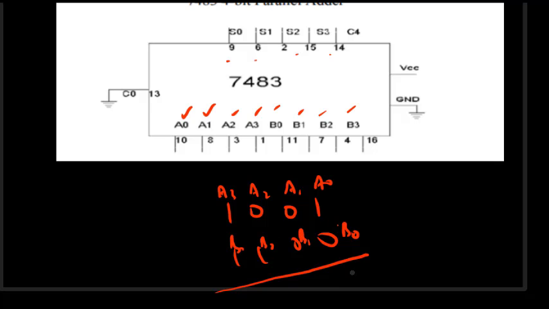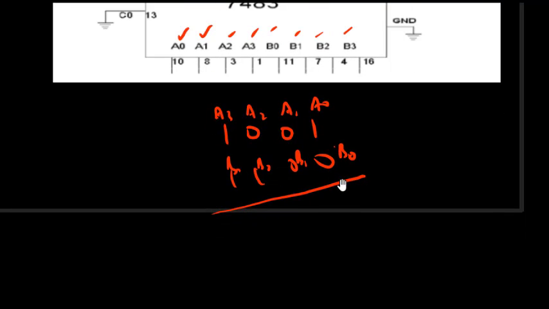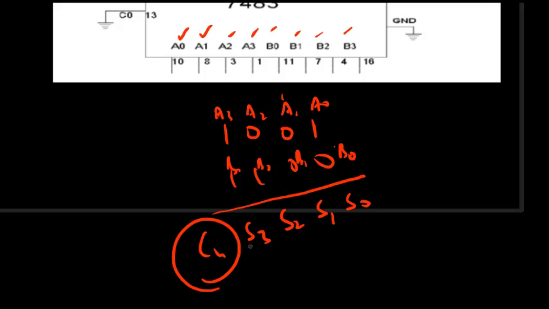A0 and B0 are added, we get S0, and if there is any carry, it goes to the next stage and adds with A1, B1, giving S1, then S2, S3, and if there is any carry, we get carry as C4. So these are the inputs and outputs of this circuit.